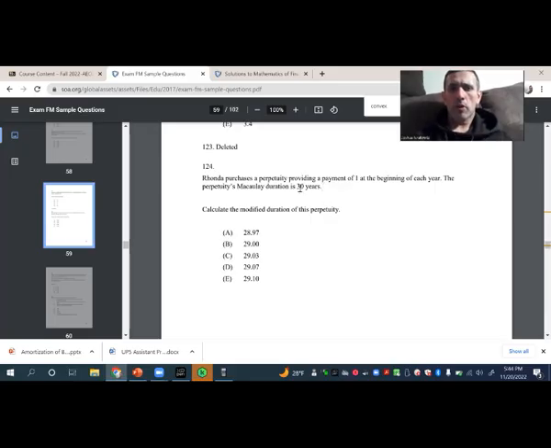So if the Macaulay duration is 30, calculate the modified duration. Okay. All right, so this is pretty straightforward. So we're given 30. It is 1 plus I times the modified duration.